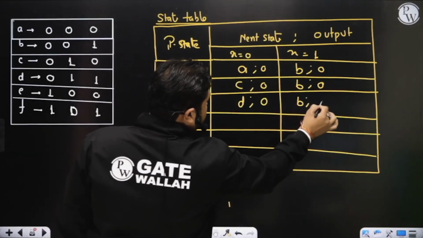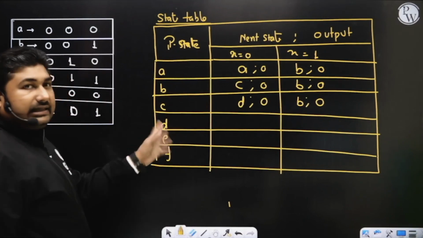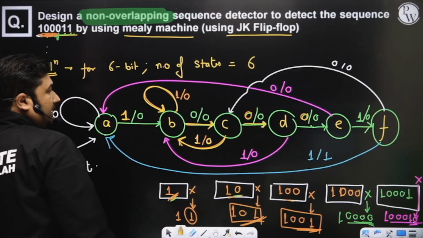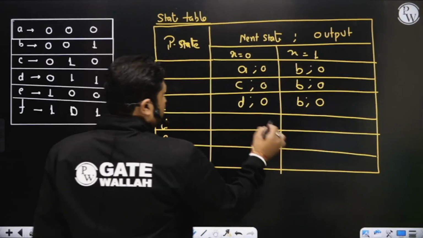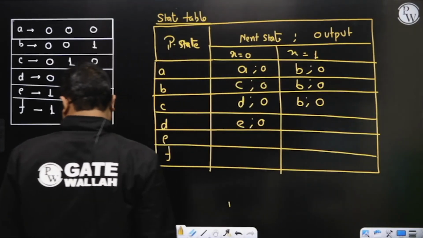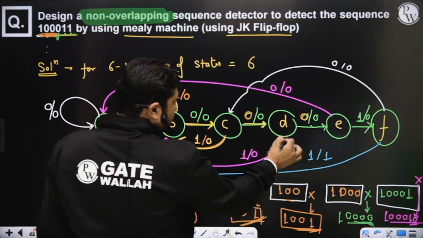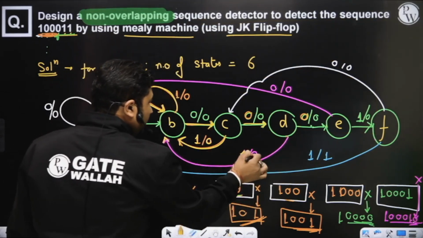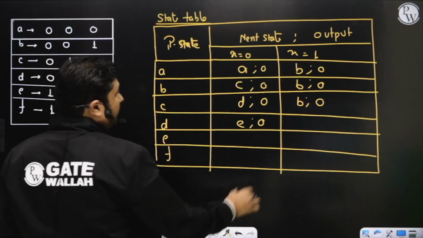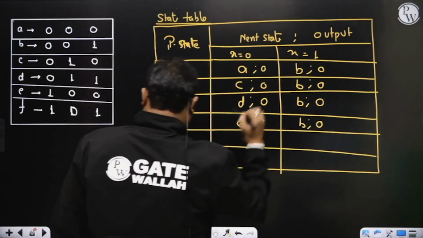Present state D, x equal to 0: next state E, output 0. Present state D, x equal to 1: next state B, output 0.